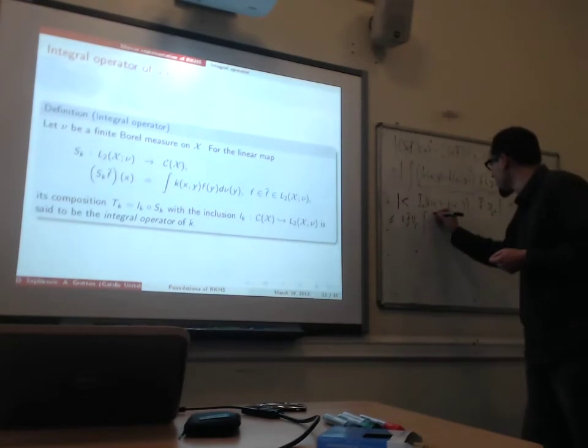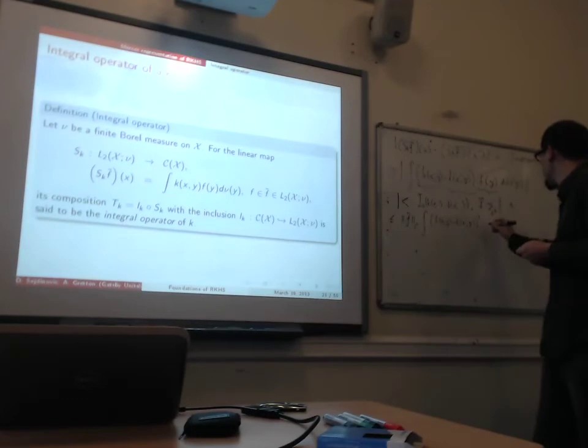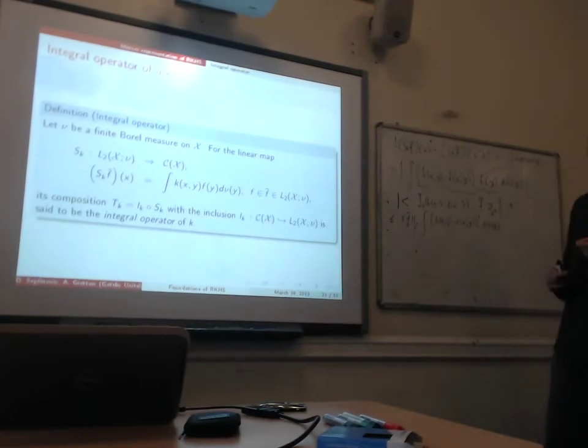So that's an integral of (k(x,y) minus k(x',y)) all squared d nu(y). Right? That is a continuous function on a compact metric space.